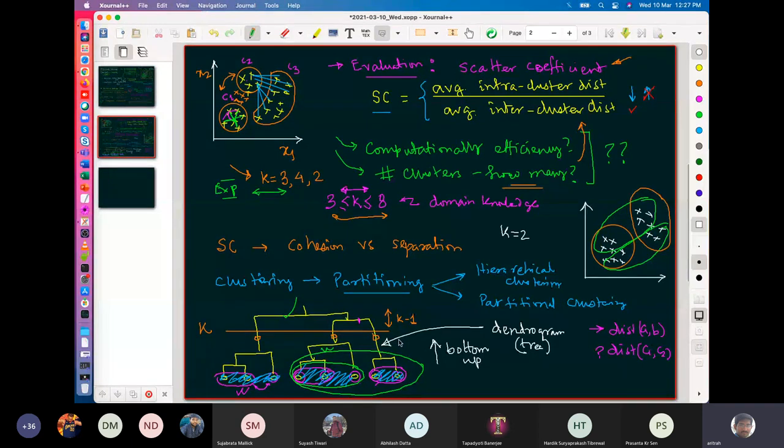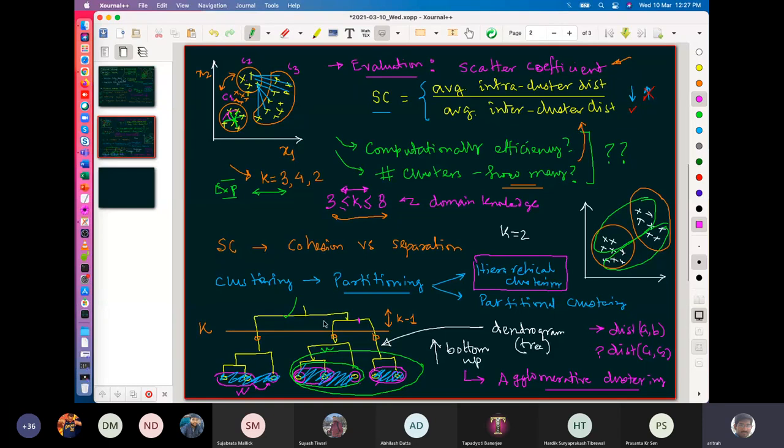And this bottom-up clustering, as you are given in the project, is also called agglomerative clustering technique. So we are in the realms of hierarchical clustering.